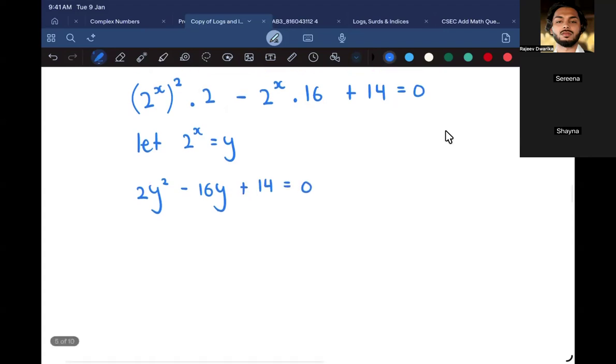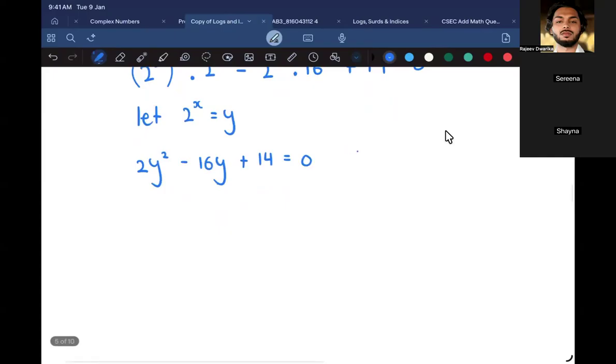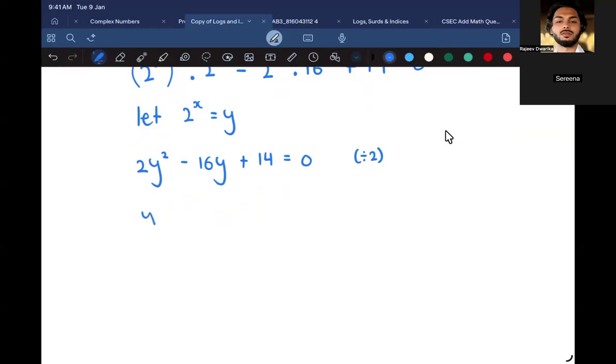Now, if I wanted to simplify this to make factorization a bit easier, I could divide throughout by 2, because all of them are divisible by 2. 2 is a factor for each term there. So if I divide by 2 throughout, I'm going to end up with y squared minus 8y plus 7 equals 0.